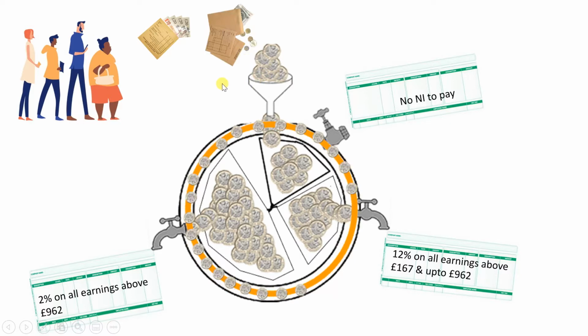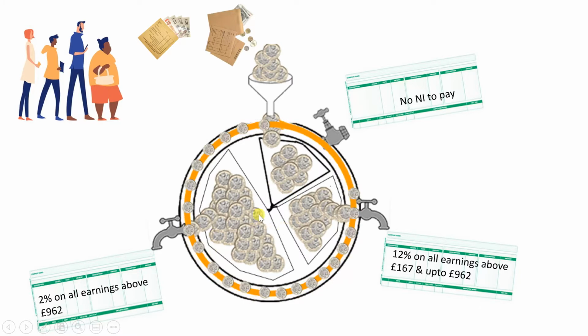So in they go in terms of their salary, and depending on how much they earn, the salary either fills the first portion where they have no national insurance to pay, or it fills the first two portions, where they earn enough to push them into the second portion where they do have to pay up to 12%, or they are in the higher earners and their salary goes through the funnel, fills up all three sections.